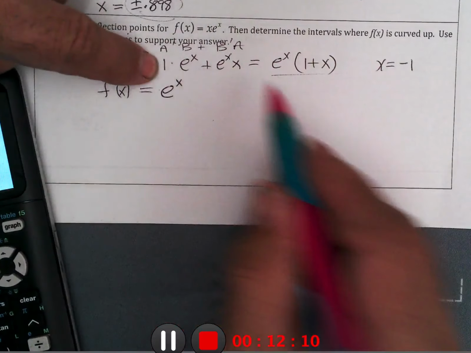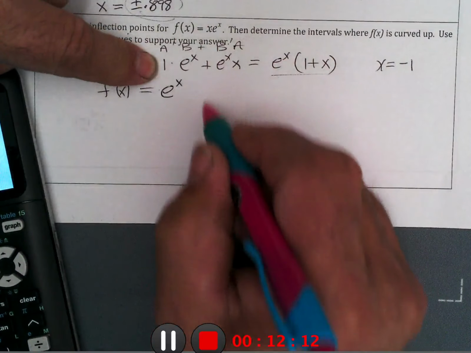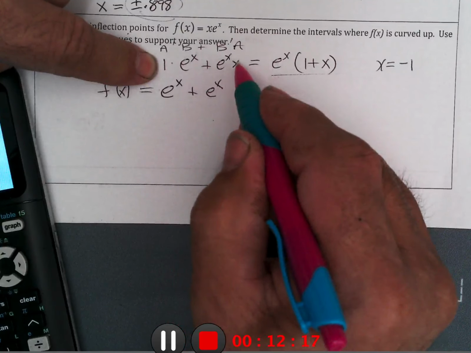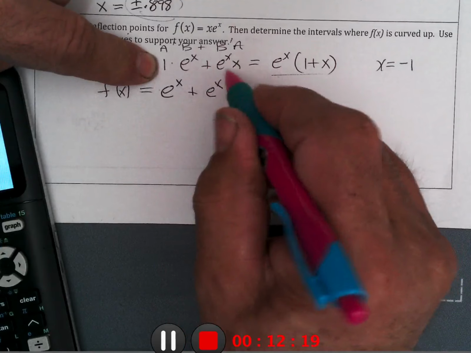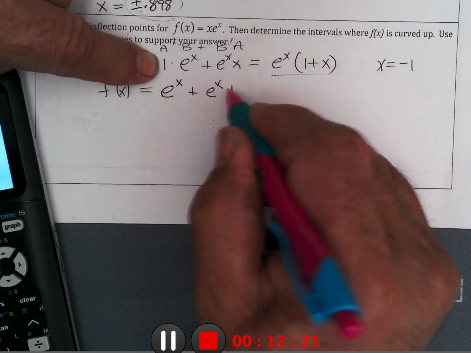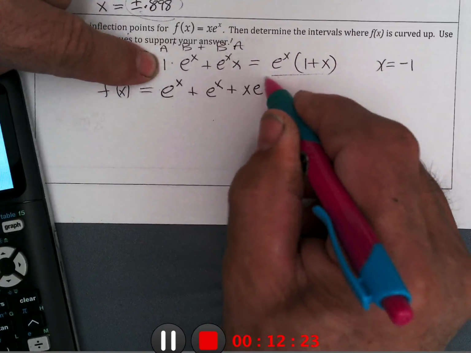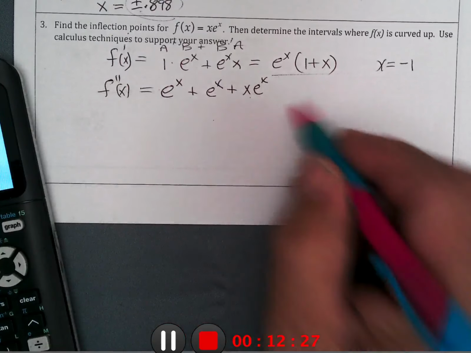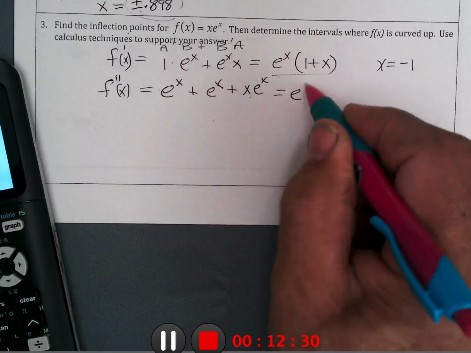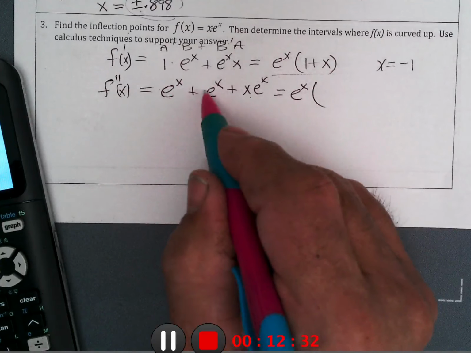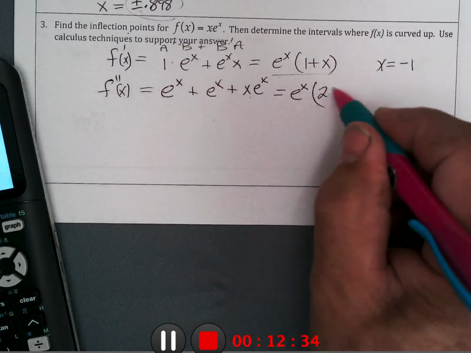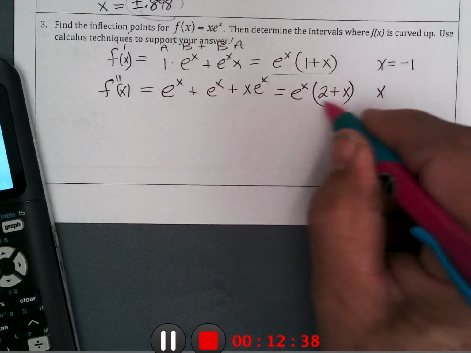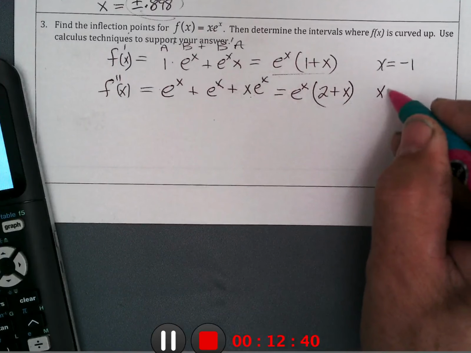So it'd be all of this again, plus e to the x, using the product rule, plus x e to the x. So now I have e to the x in this, and if I factor it out, I get 1 plus 1 plus x. So 2 plus x. So this is equal to 0 at x equal negative 2.